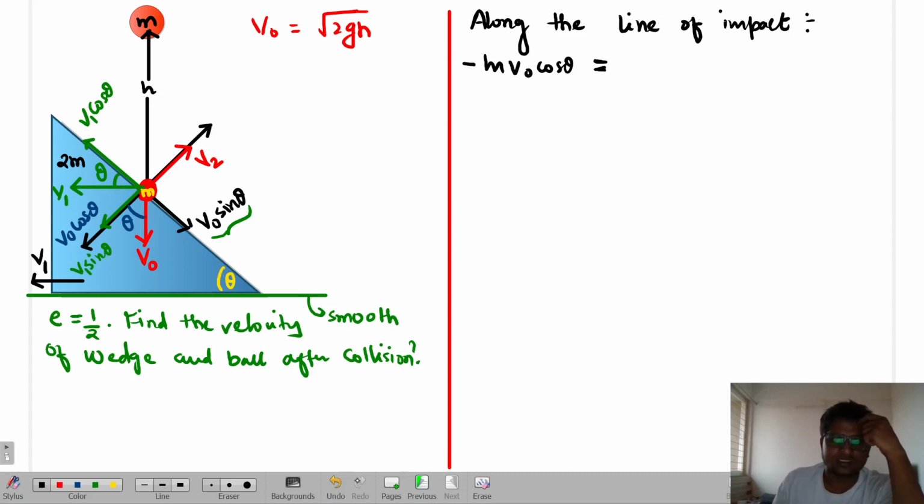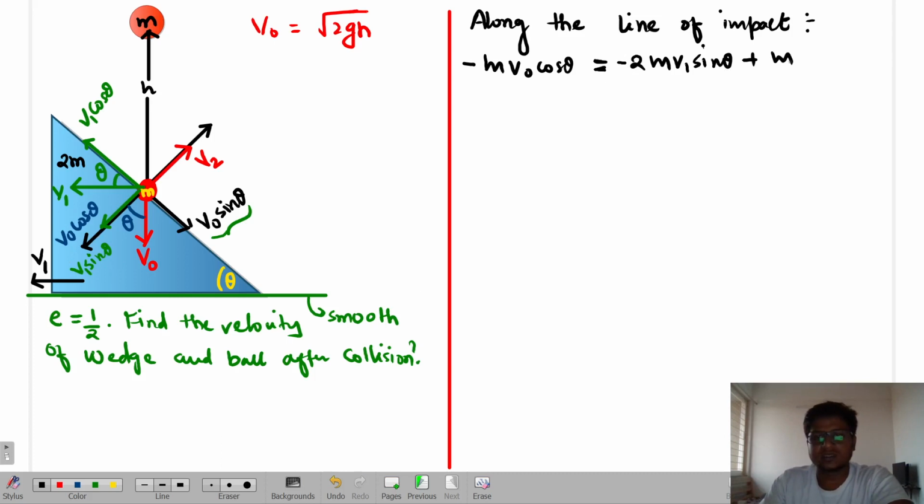So minus m v0 cos theta must be equal to the velocities after that, which is minus 2m v1 sin theta, because finally the 2m has v1 sin theta velocity along the line of impact, plus m v2. Are you able to get me or not? So this is my first equation. Is that clear?